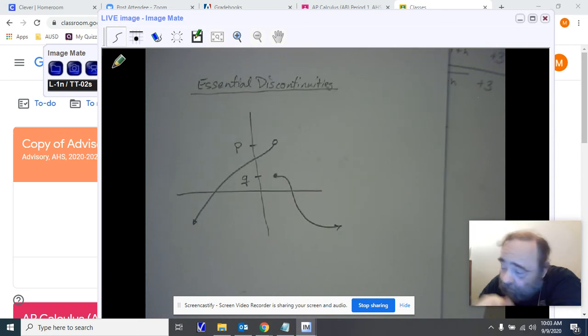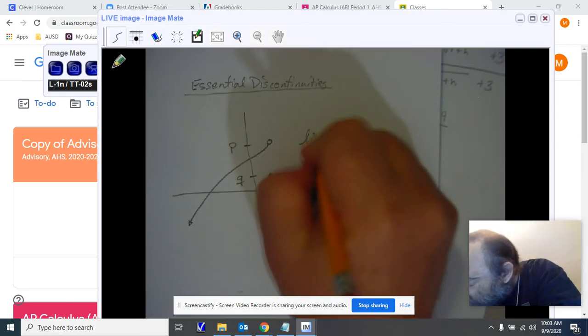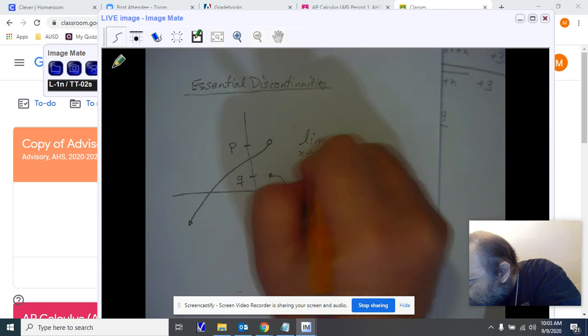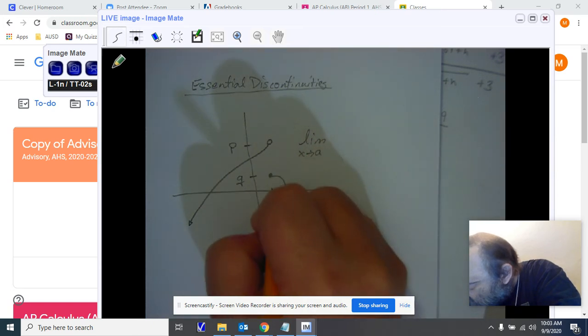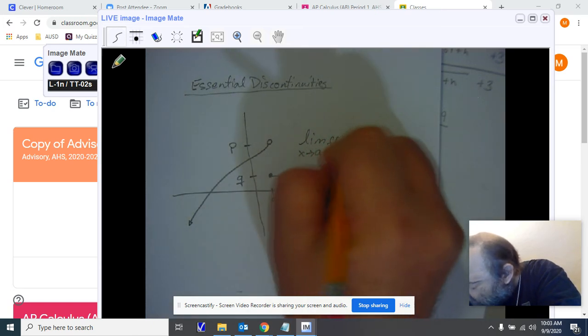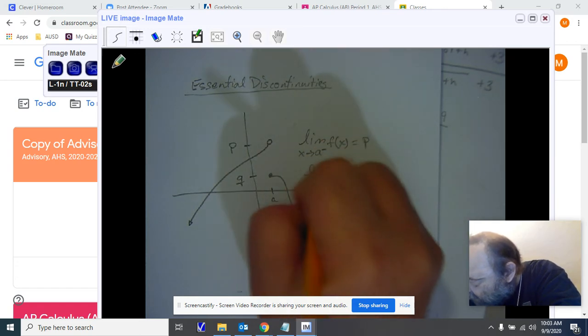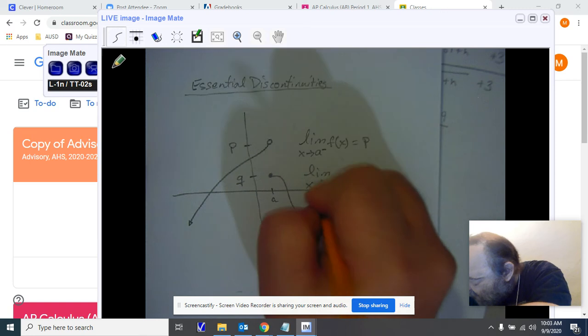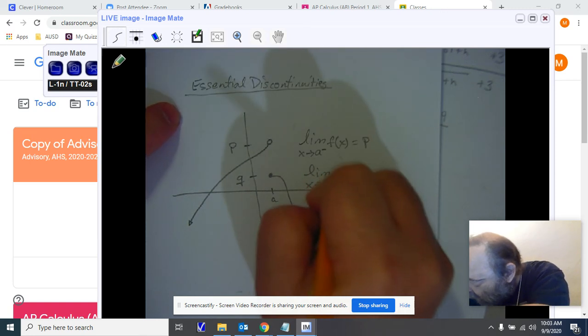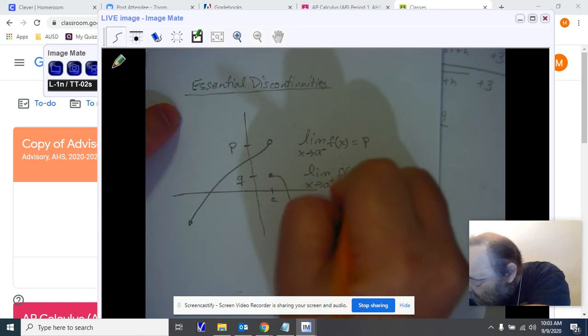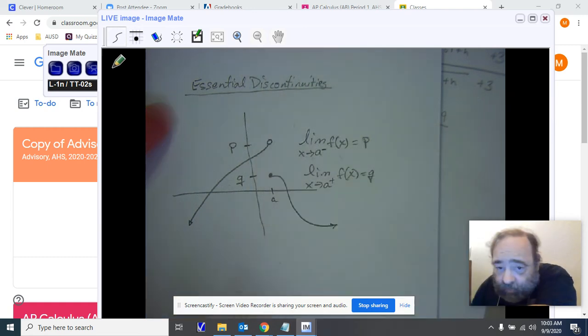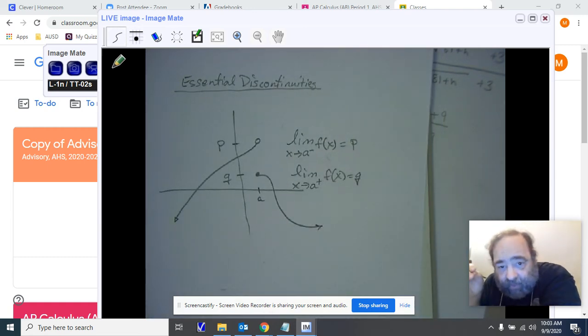Notice in this graph, the limit from the left, as x approaches a, for our function from the left, we get p. And the limit as x approaches a from the right, we get q. And because we have two distinctly different values, the limit does not exist.